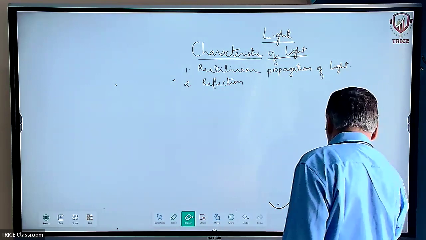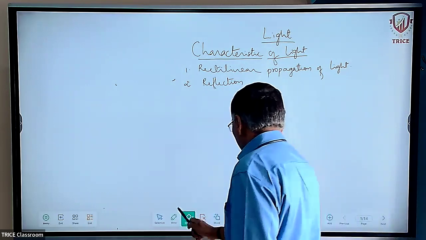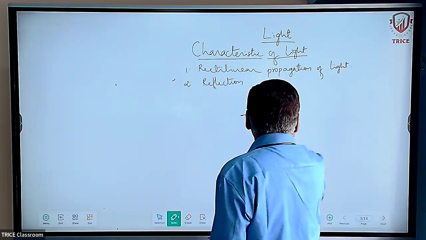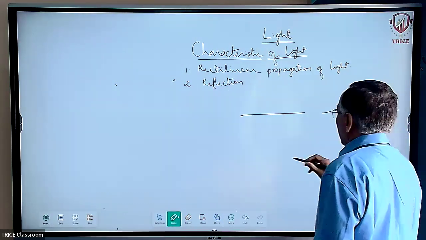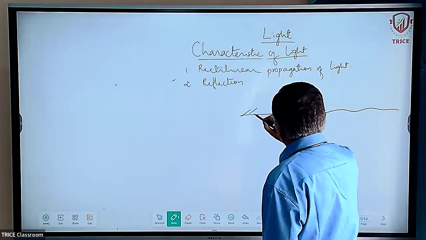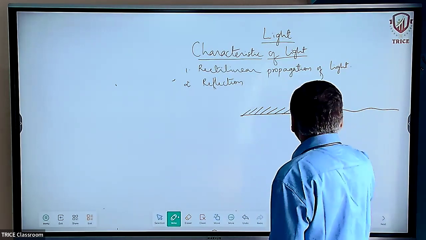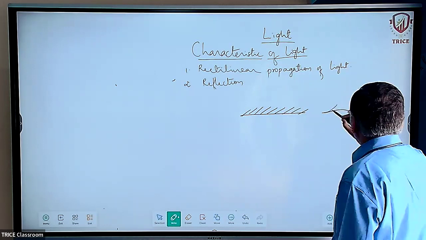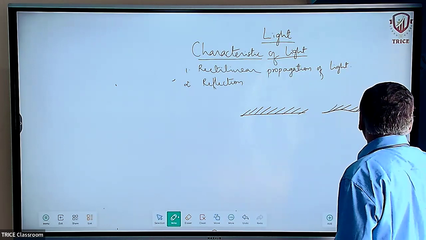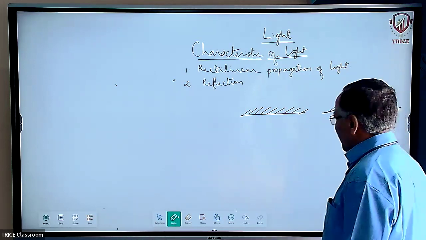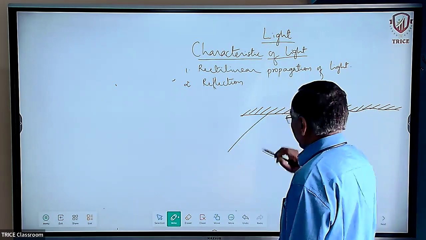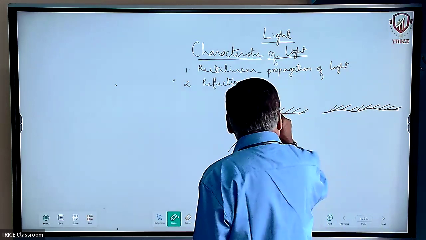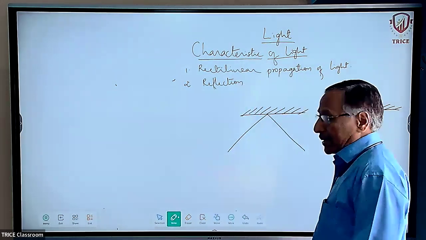Means what? This is the reflecting surface. This is another reflecting surface. Whatever light rays fall on this get reflected back, means bounce back.